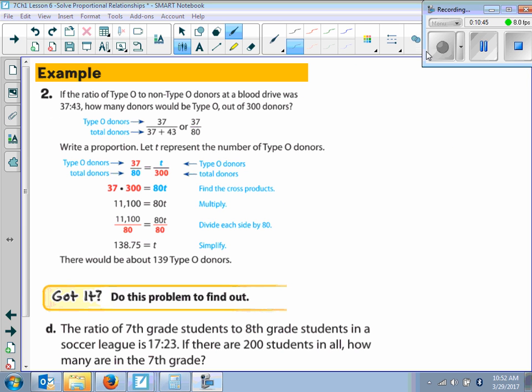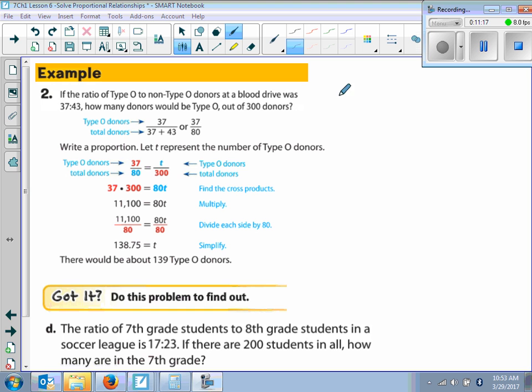All right, for this example, it says if the ratio of type O to non-type O donors at a blood drive was 37 to 43, how many donors would be type O out of 300 donors? We are comparing the type O, right? The type O blood donors to the total number. Is everybody with me?